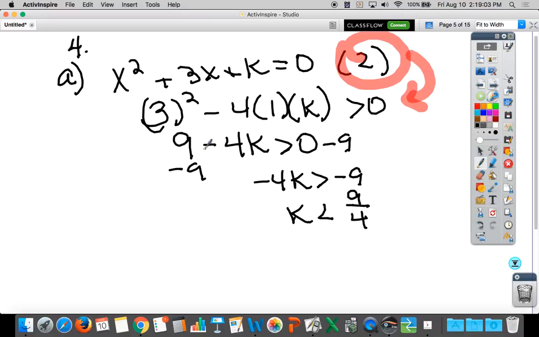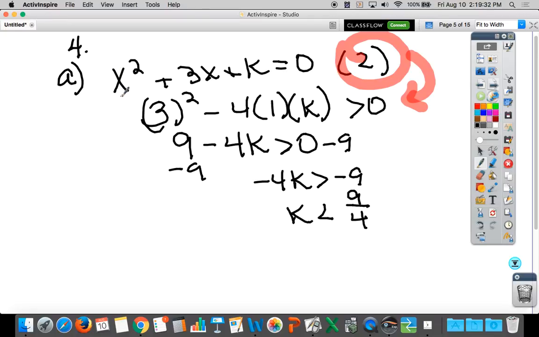Can we check this? We should be able to. Give me a number less than 9/4. 2. So 9/4 will be 2 1/4, right? So we could do 2. That work? Okay. And let's do our polysolve.